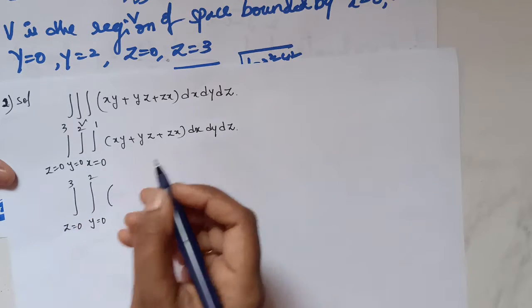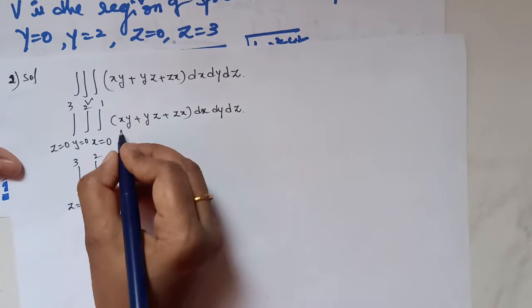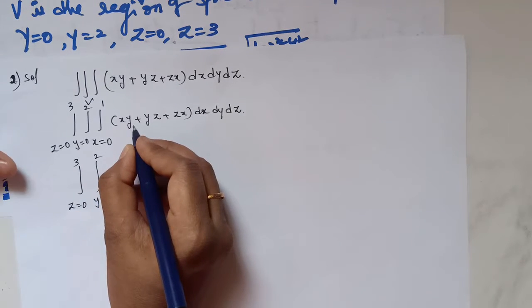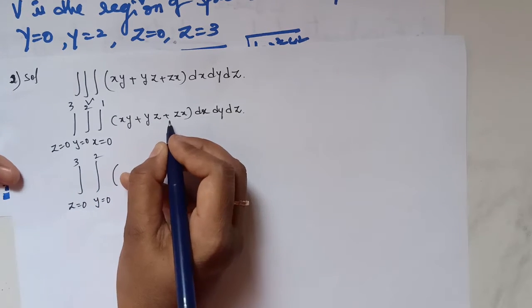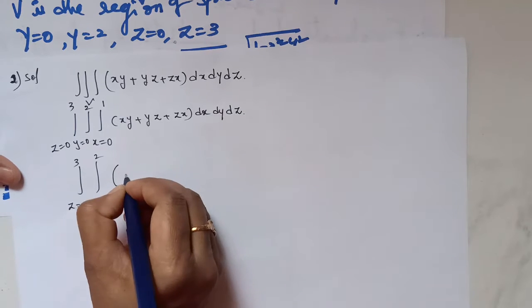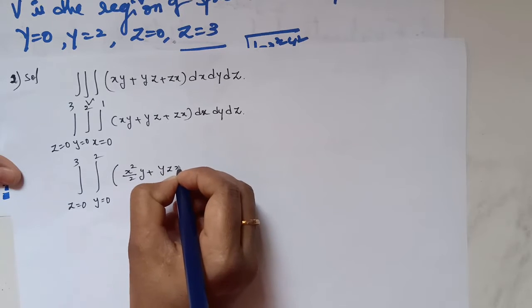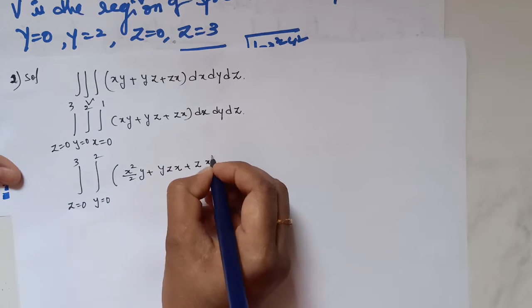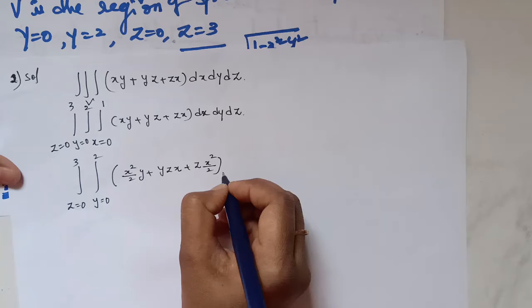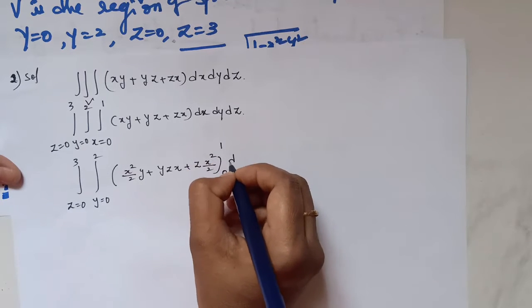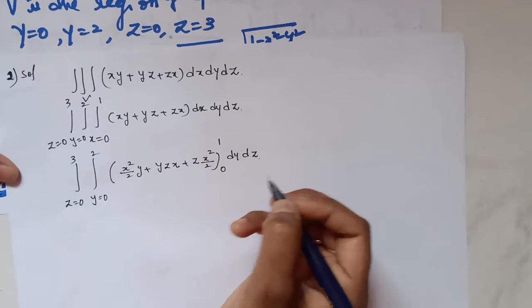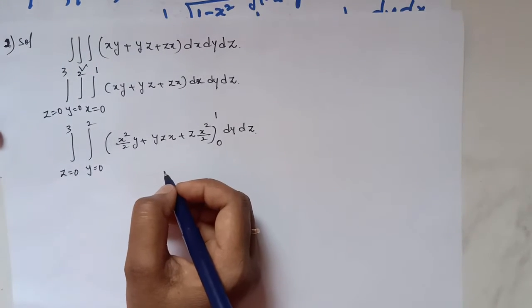If I integrate with respect to x, we have to consider y and z constant. We get x squared by 2 times y plus yzx plus zx squared by 2, limits from 0 to 1, dy dz. We have integrated with respect to x.